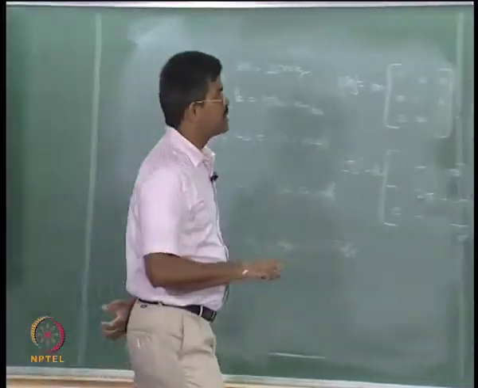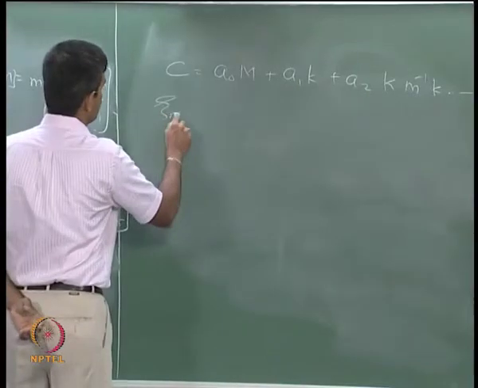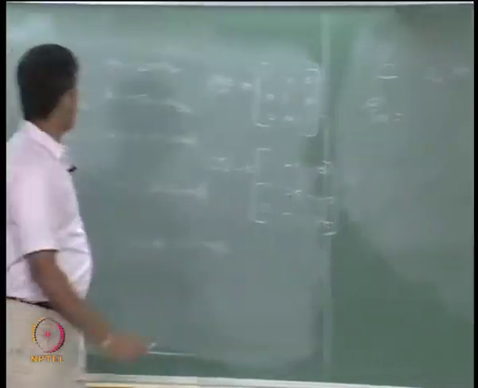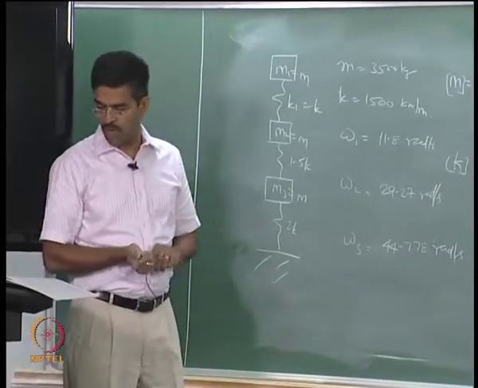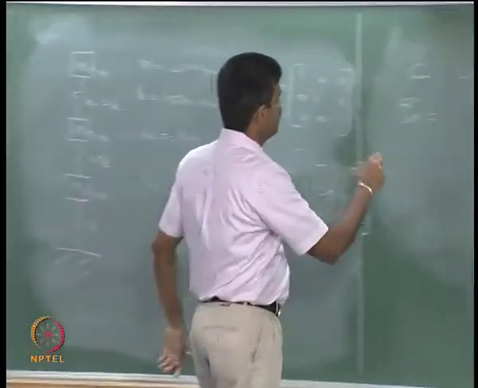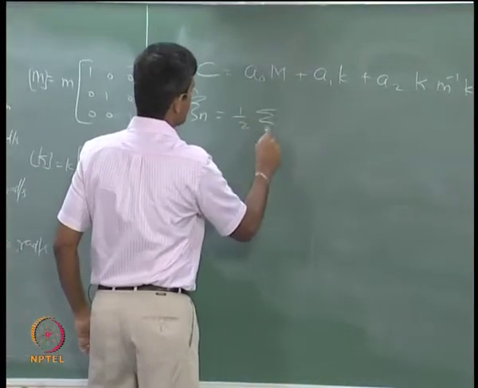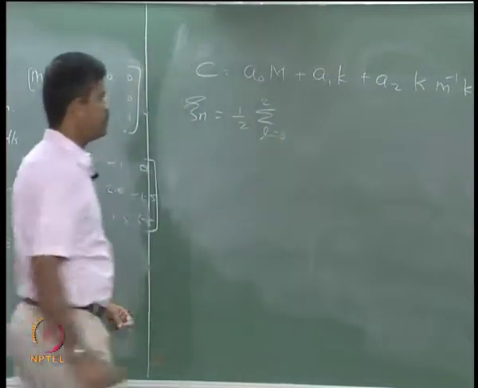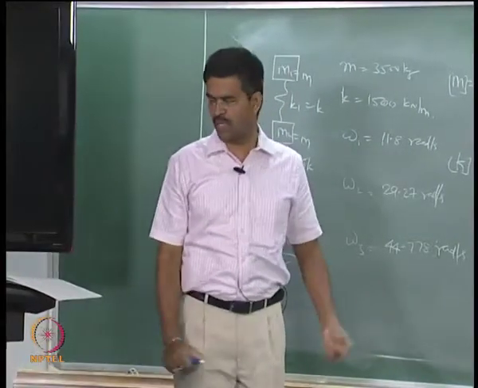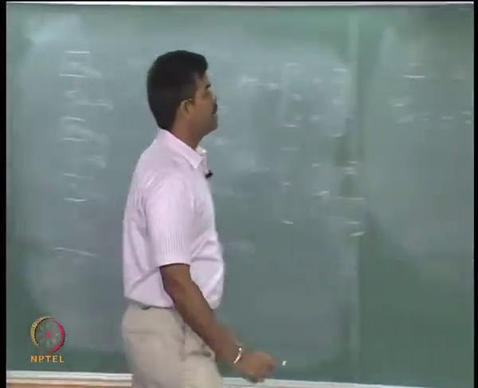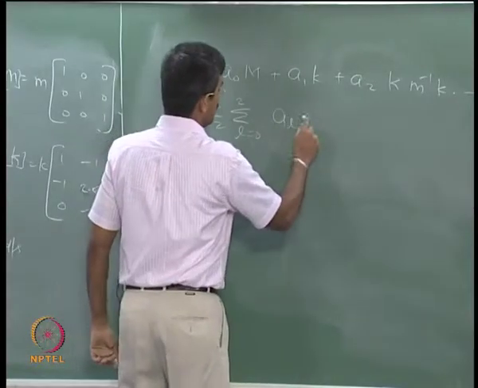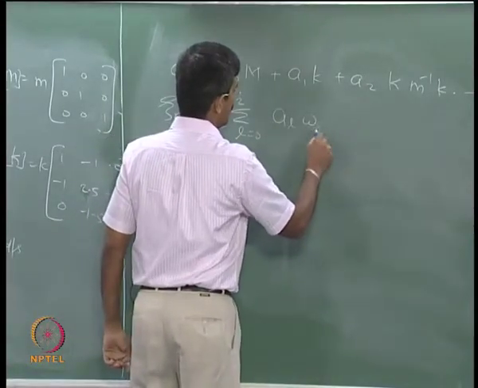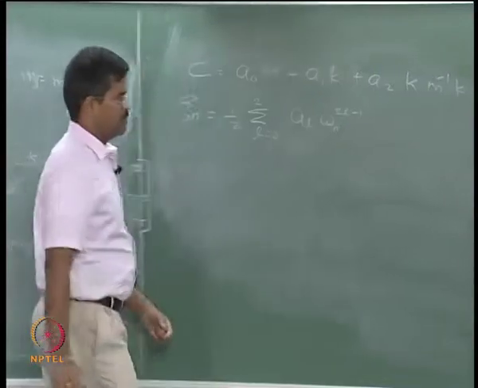And zeta n is given by the equation: half of the summation of L from 0 to 2, because it is a 3 degree of freedom system, n minus 1, A L omega n to the power 2L minus 1.